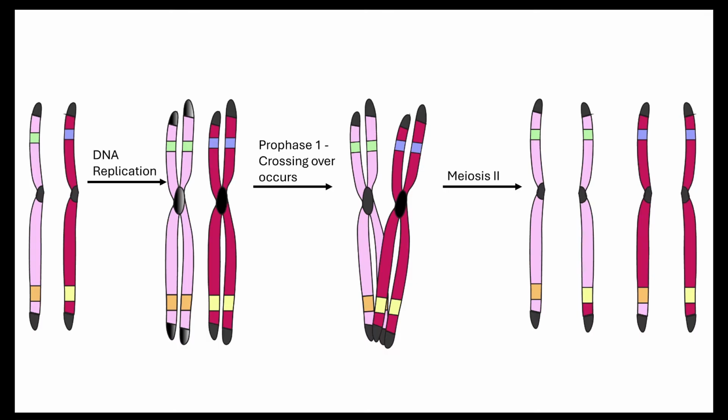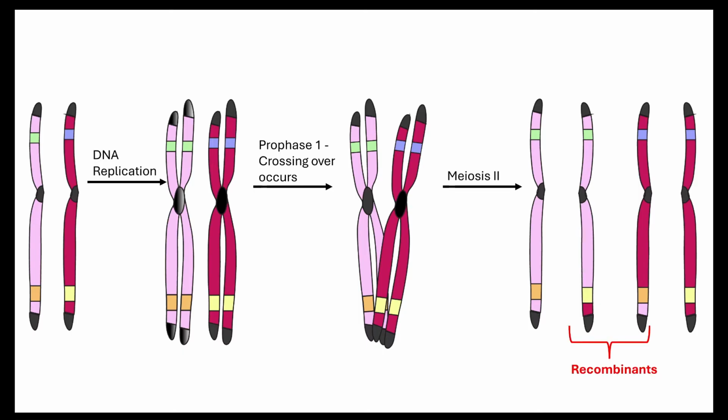exchanged their information. So during meiosis 1, during anaphase 1 of meiosis 1, my homologous chromosomes are pulled apart. Well, because my homologous chromosomes are pulled apart, that genetic material will have switched. So during meiosis 2, during anaphase 2, my sister chromatids are pulled apart.